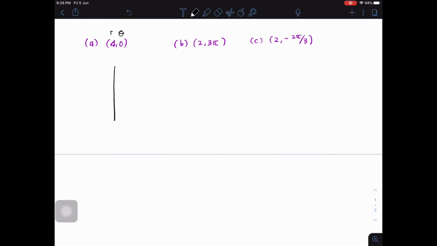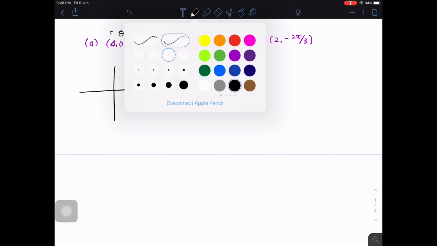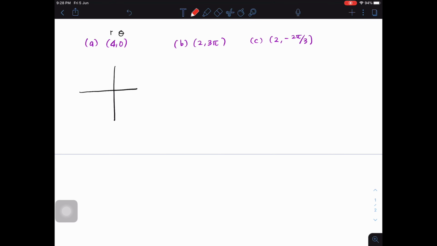If we have an axis x and y here, theta equal to 0 means you don't have any directed angle, therefore your line of length 4 is just on the polar axis. This is your pole, so your point is here, and the length from the pole to the point is 4. So this is where the polar coordinate point 4, 0 is positioned.